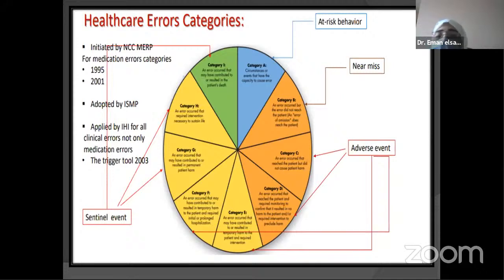At-risk behavior is a circumstance or event that has the capacity to cause an error. Near miss is an error that occurred but did not reach the patient. Category C until category F, the same as medication error, is adverse event. And from category G until category I, this is sentinel event.